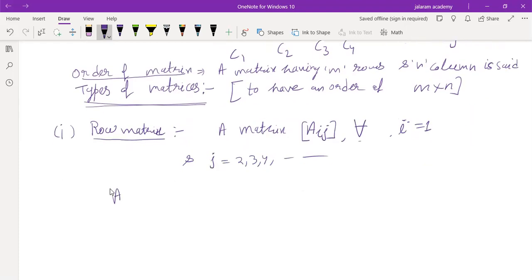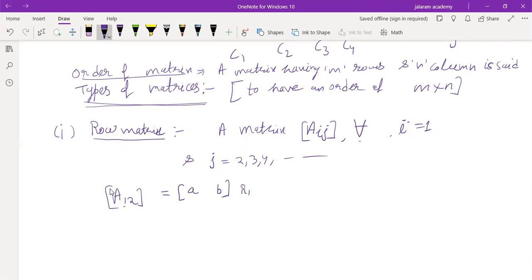Like A12 means a matrix of order 1 cross 2, which has one row and two columns: one row A, B and two columns.